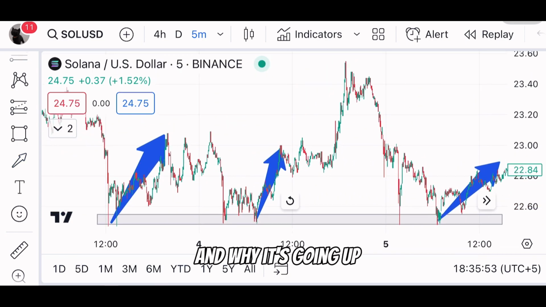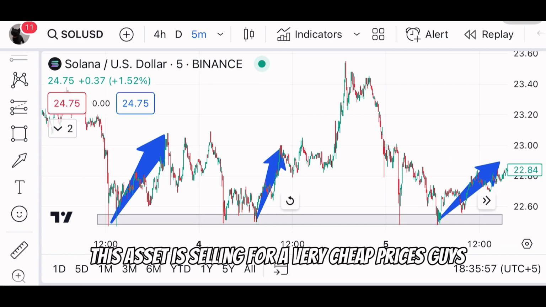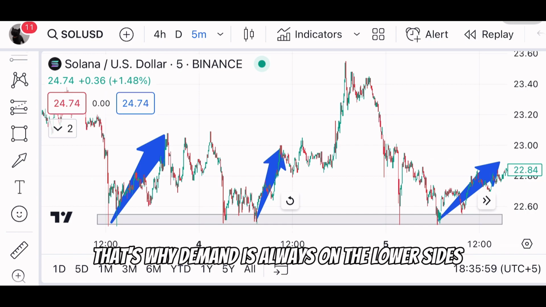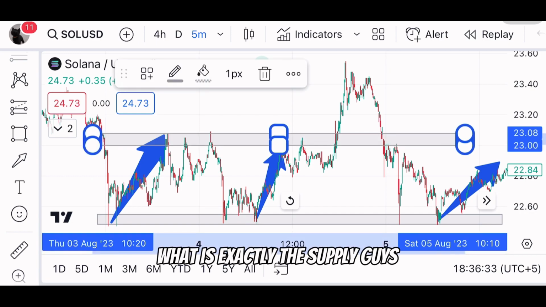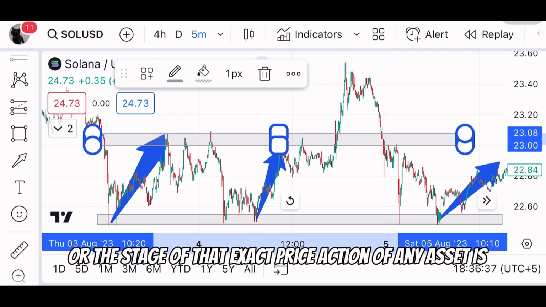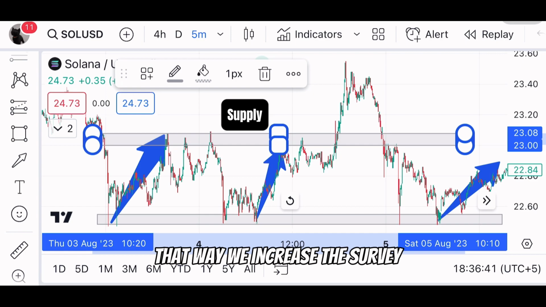It goes up because this asset is selling at very cheap prices. That's why demand is always on the lower side, and supply will be on the other side. What exactly is supply? Supply is a stage of the price action of an asset where the asset supply is increased.